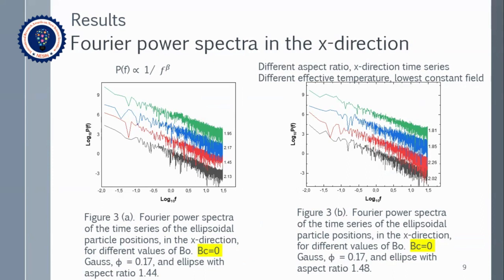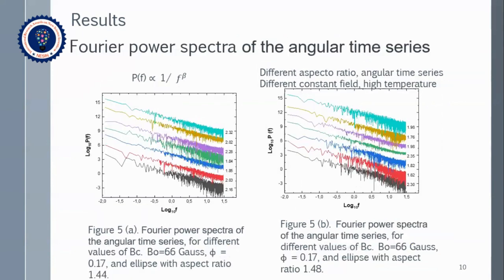Also, in this case, we observe most of the curves show a beta exponent near the value of 2. The same phenomena occur when we calculate the beta exponents for the rotational motion.